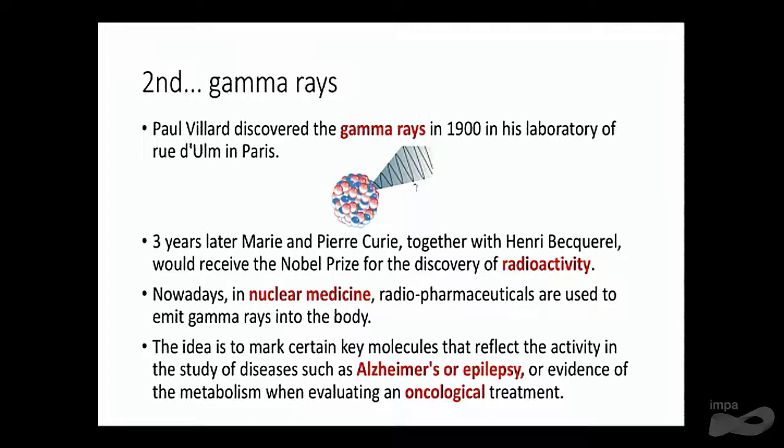This type of gamma rays is used to detect some very specific signals. In this case, the main applications are in neuromedicine, to study, for instance, Alzheimer's, epilepsy, or for cancer treatment.